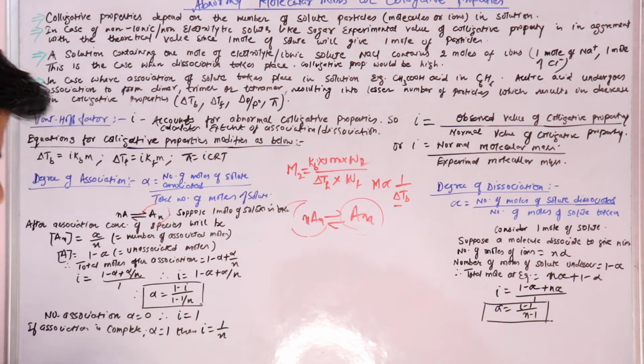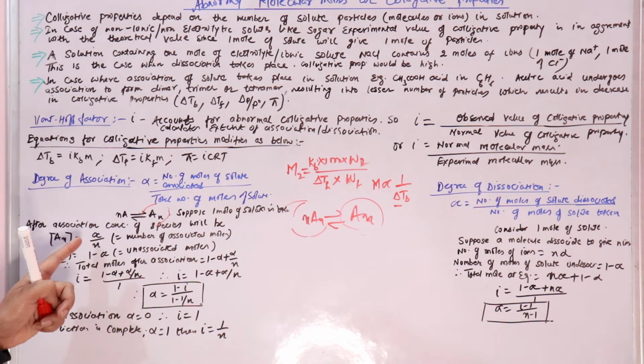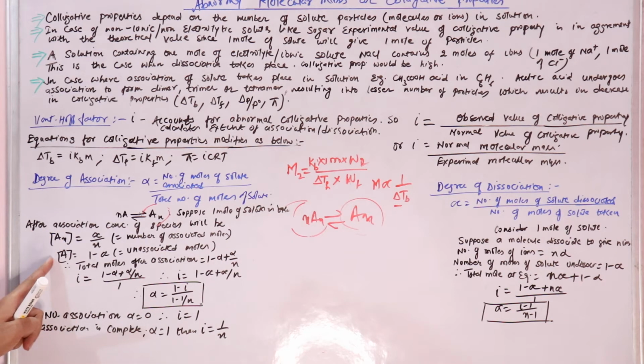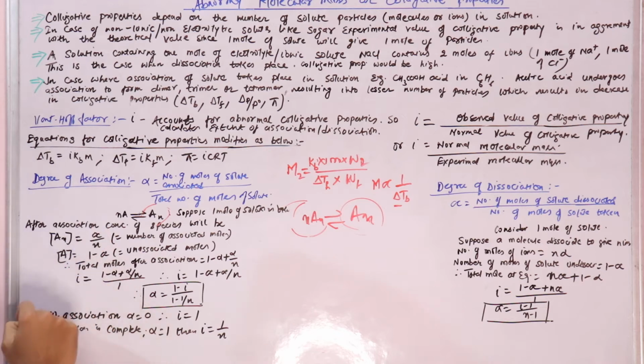The degree of association divided by the number of molecules associated is your concentration of A_n. Similarly, the concentration of unassociated molecules would be 1 minus alpha, because alpha is the degree of association.